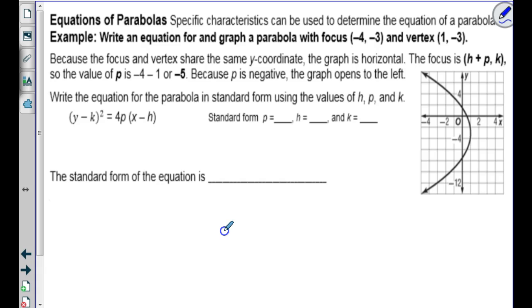We're going to practice writing equations. To write the equation of a parabola, you're going to have to work some of these recipes backwards.